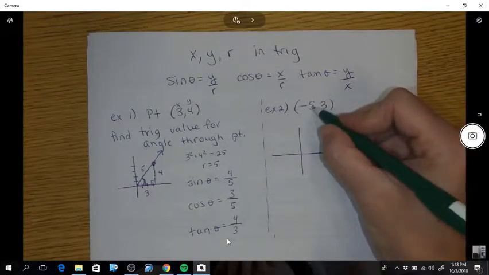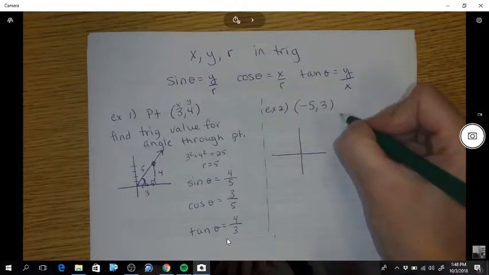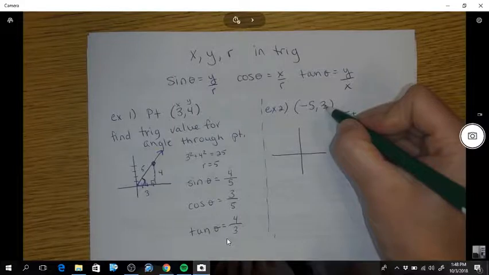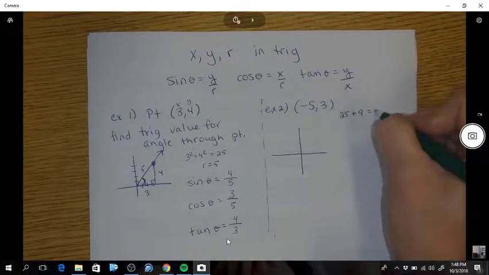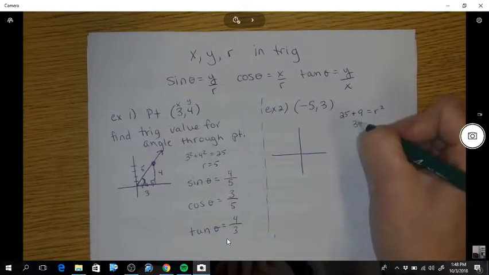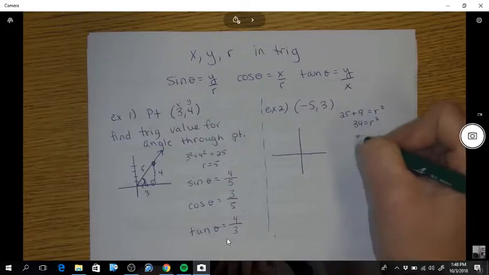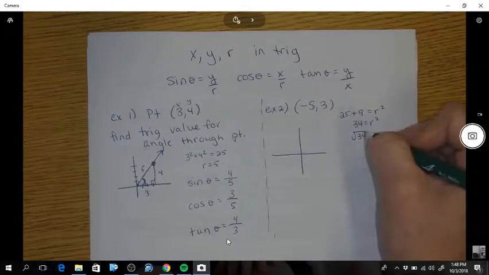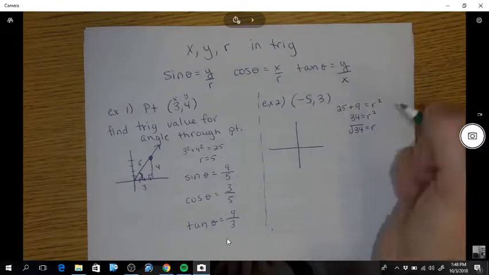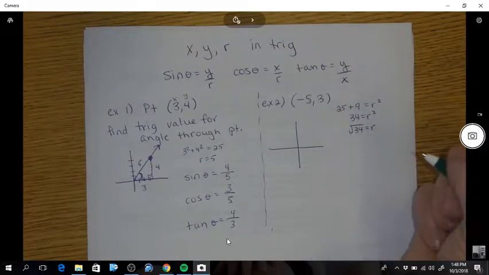So I'm going to go -5 squared, so 25, plus 3 squared is r squared. So Pythagorean theorem, a squared plus b squared equals c squared. So 25 plus 9 is 34. This is not a nice pretty number, so we're going to leave it as r being the square root of 34.